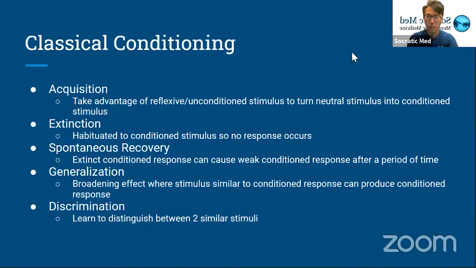So if I were to ring a bell, imagine the bell was the conditioned stimulus, something similar to the bell, like a triangle or another instrument that plays a sound similar to a bell, is a similar stimulus that also creates the conditioned response. So it's a broadening effect.